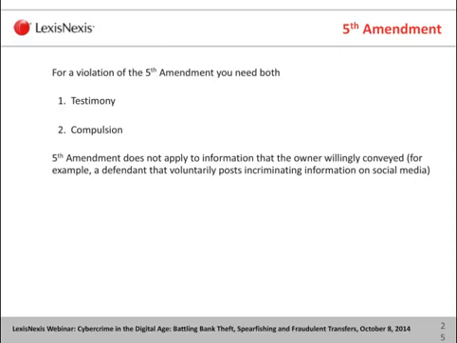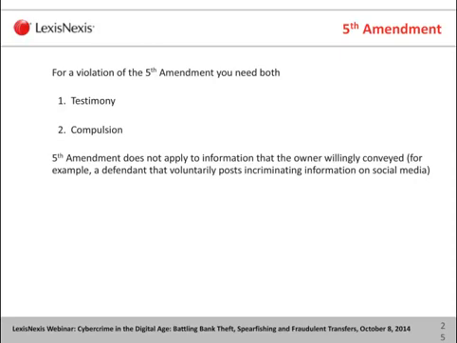So the Fifth Amendment does not apply to information that you willingly give somebody.